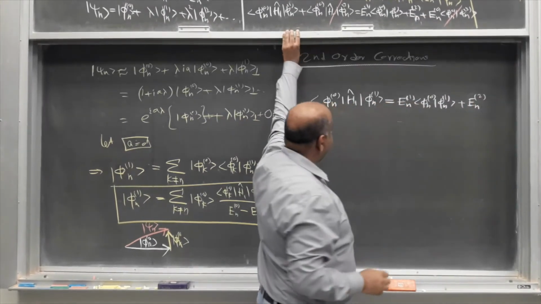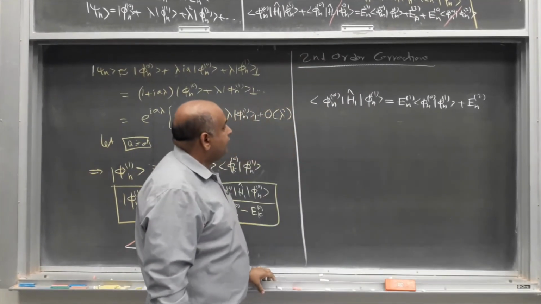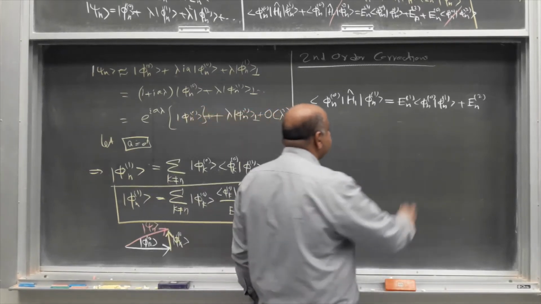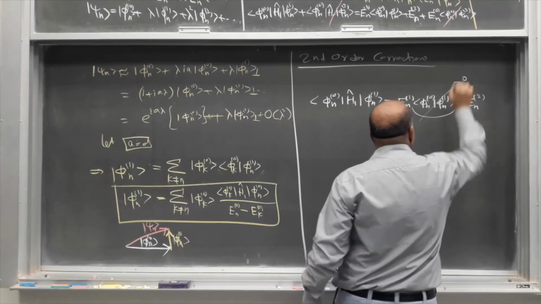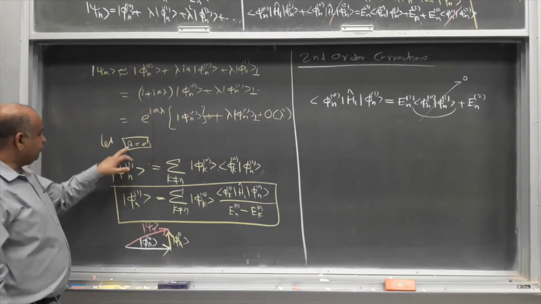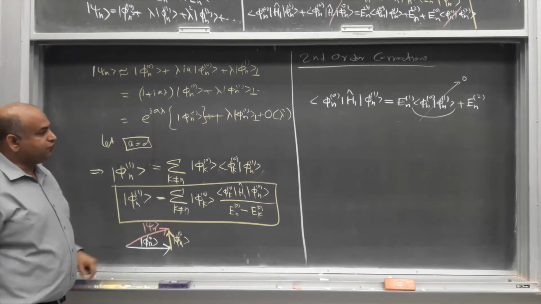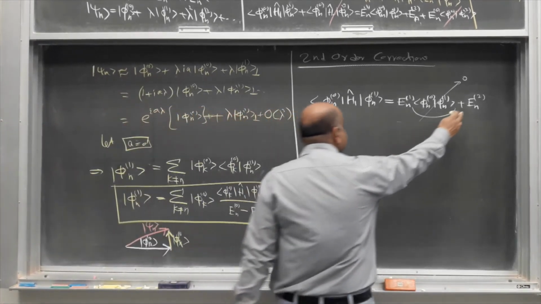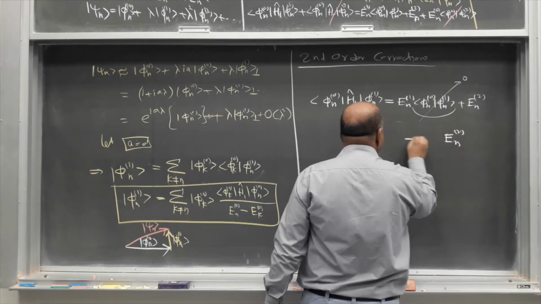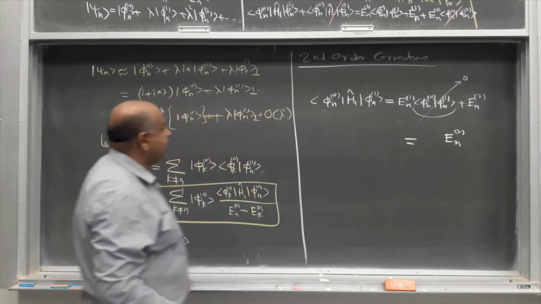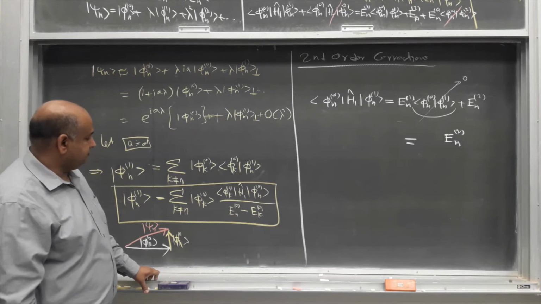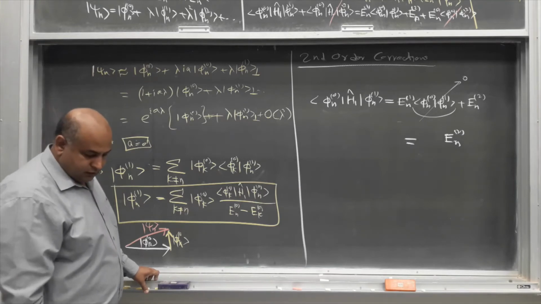Okay, so this is what we have, and from this I can easily see that this is 0, right? Because we have chosen our phi n1 to be perpendicular to phi n0, so that term goes away. So En2 is just equal to this term, and this phi n0 h1 phi n1 we have already worked out.